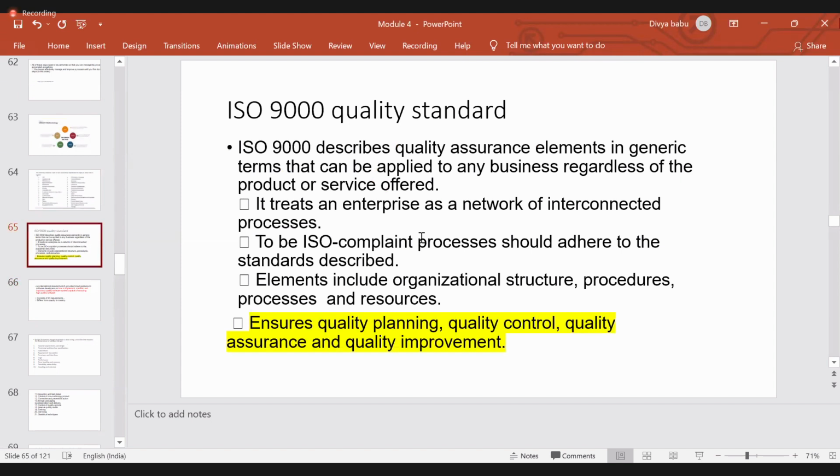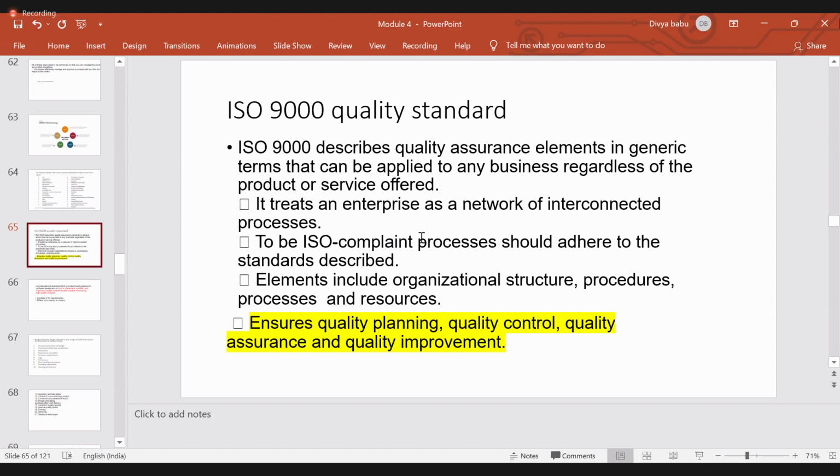Actually, in your syllabus, it generally describes ISO 9000. They are not asking for any detail, actually; ISO 9000 is the basic one. There are different classifications, and that is not mentioned in your syllabus. So I will simply explain what the 9000 quality standard is.